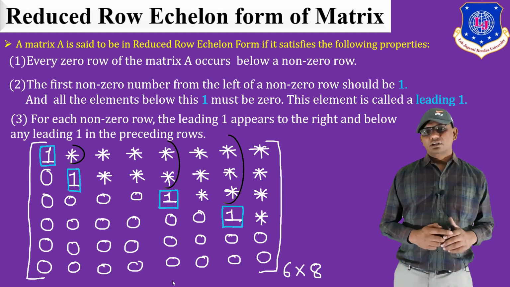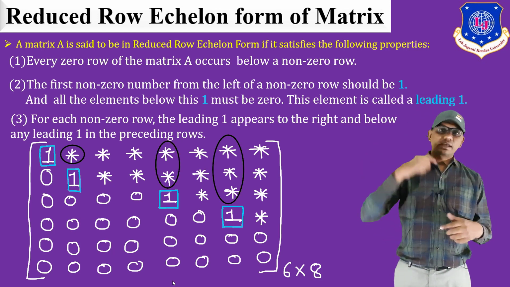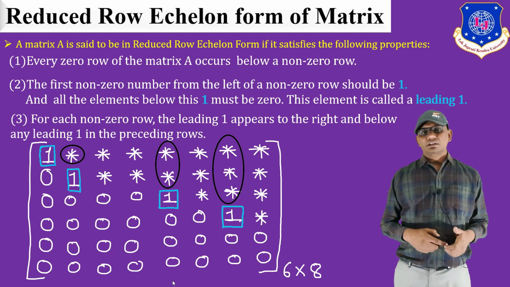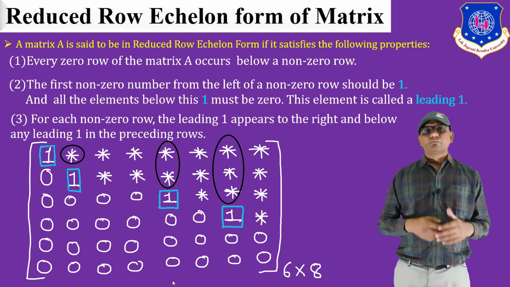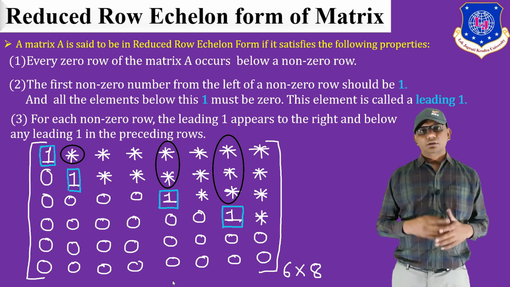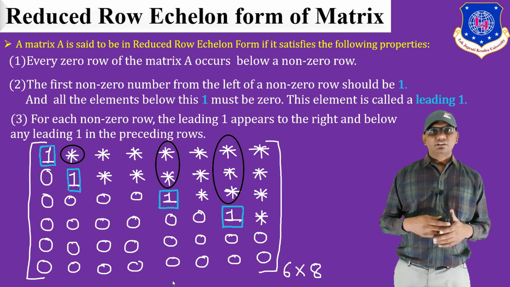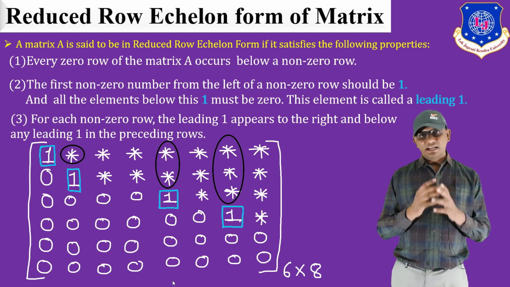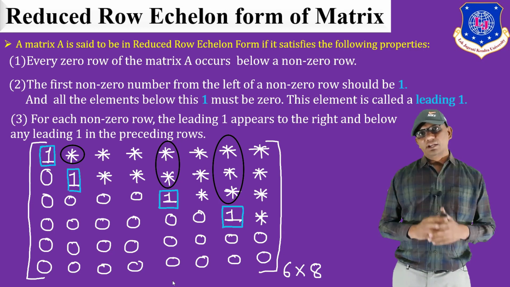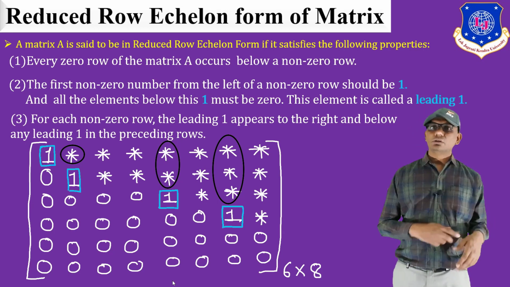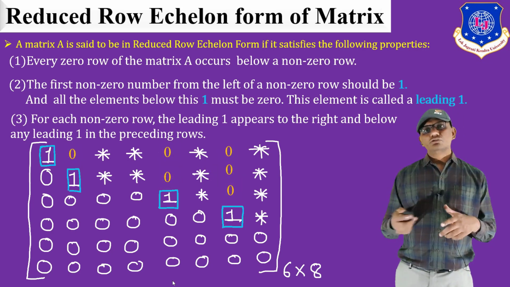We see all the entries above the leading element, which are here in the second column, fifth column and seventh column, all marked with the black circles, and these are the entries above the leading element. We have to convert them into 0 in the reduced echelon form.